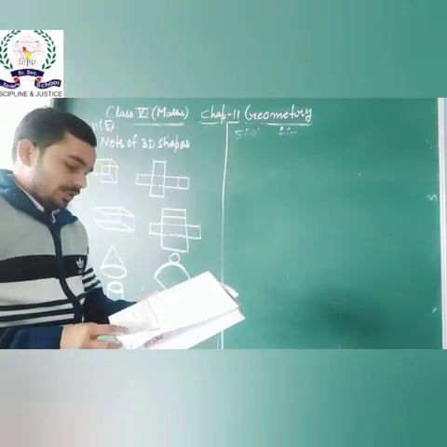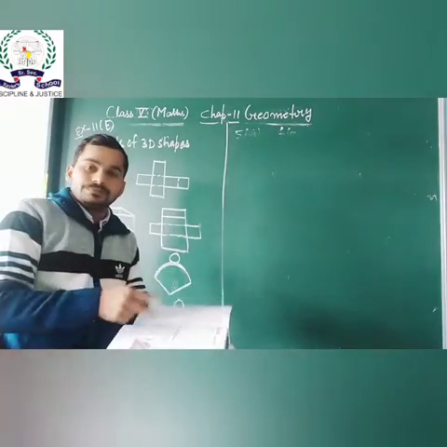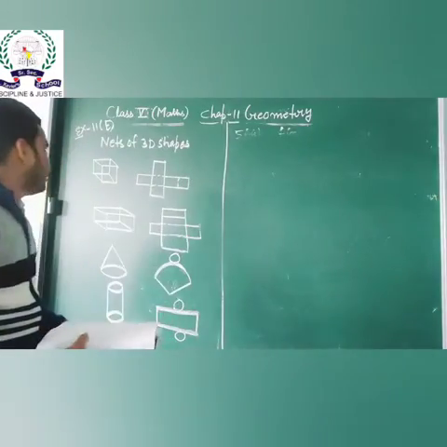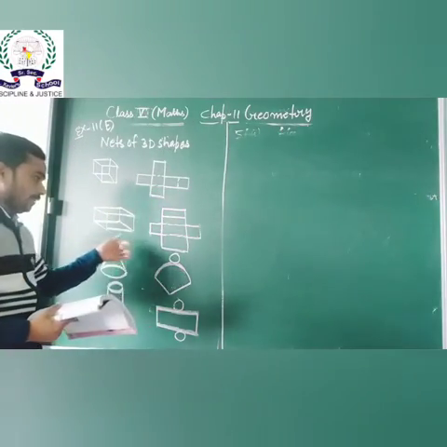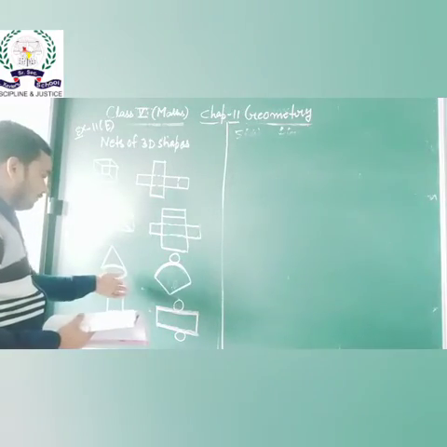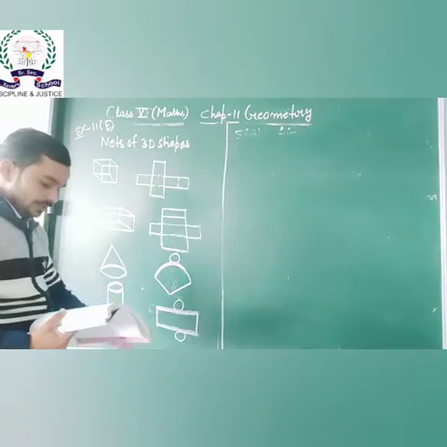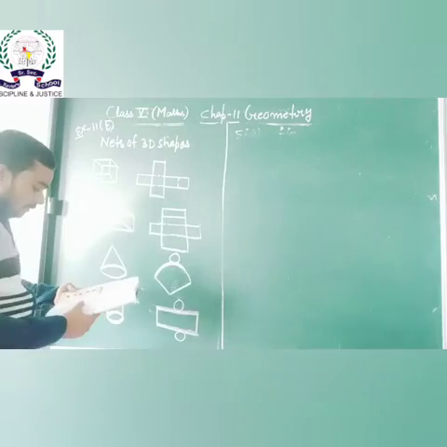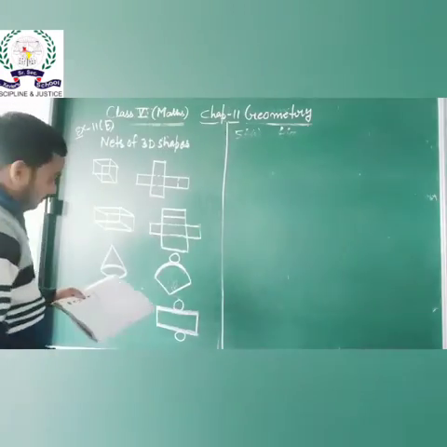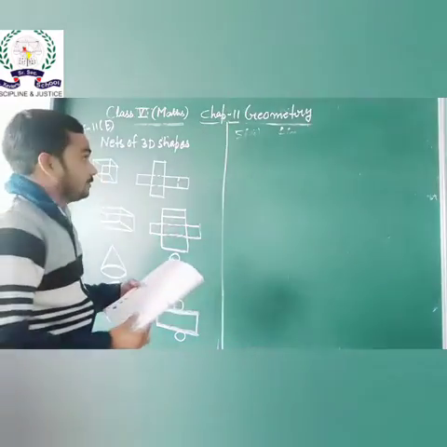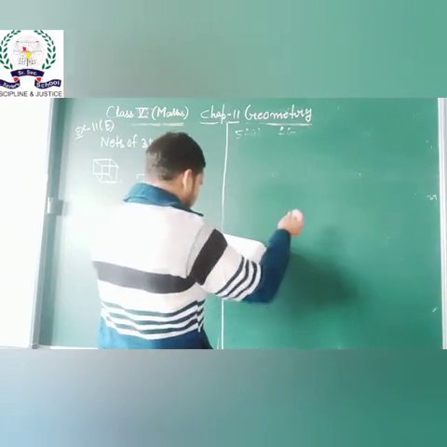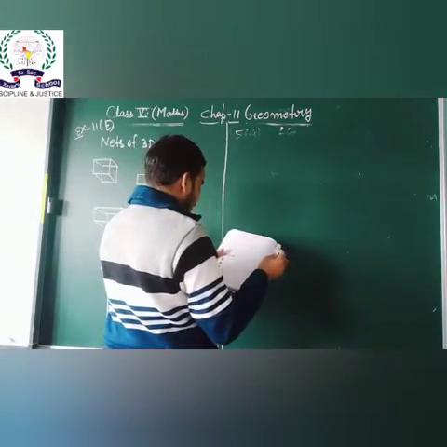A net is a 2D representation of a 3D shape. So the net of a cube like this, net of a cuboid, net of a cone and net of a cylinder. With the help of these nets you have to join each shape with its matching net. Exercise 11E. So first, the cylinder.